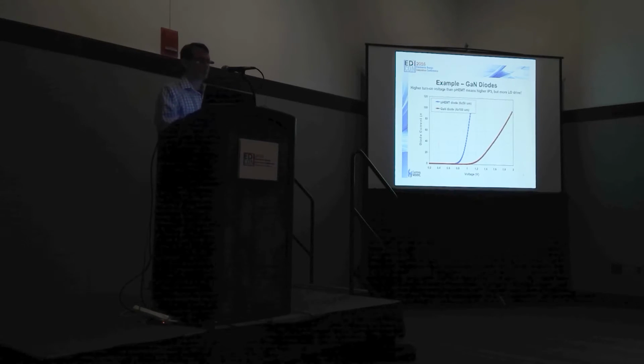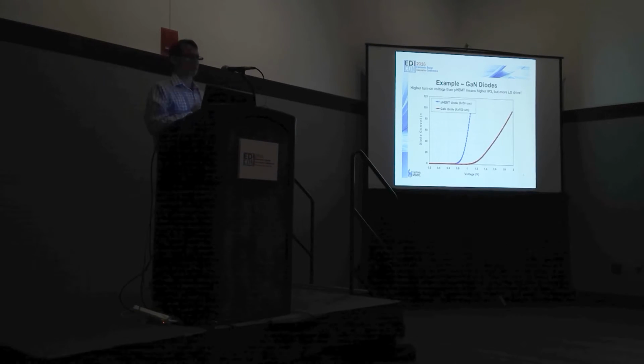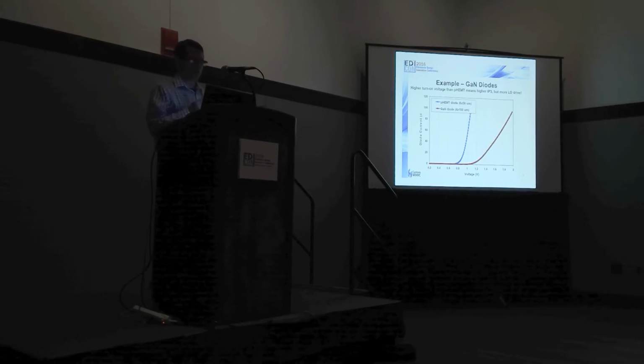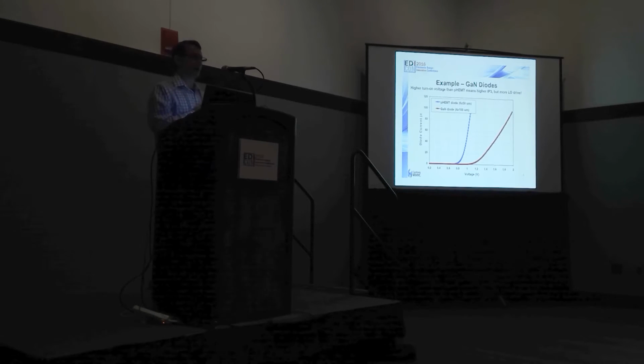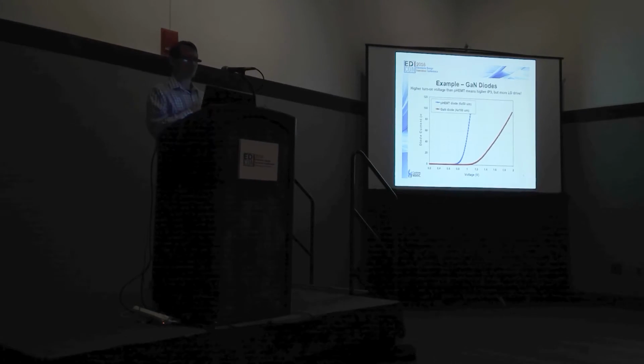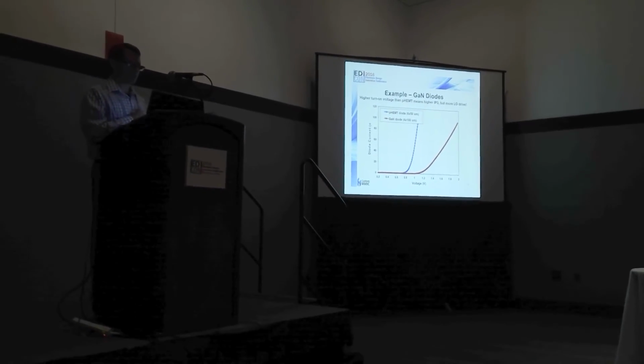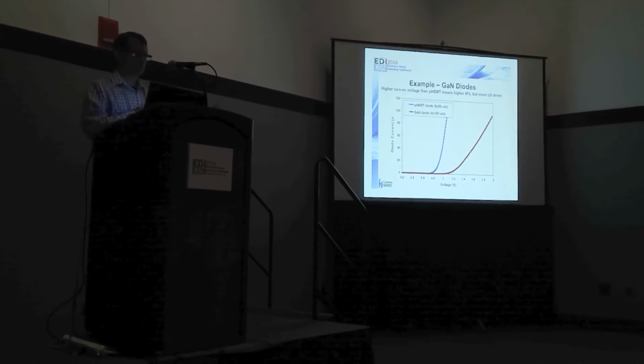So, one question briefly is, why is gallium nitride so much better than what we're used to, which would be typically GaAs PHEMT in the 3.5 world? And as an example here, take a look at just the typical IV curve of some diodes, and we can see some physical reasons why GaN is so much better. So on this IV curve, the blue one here is a typical PHEMT diode.